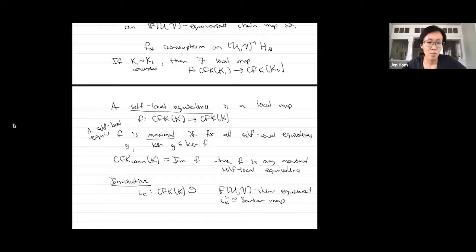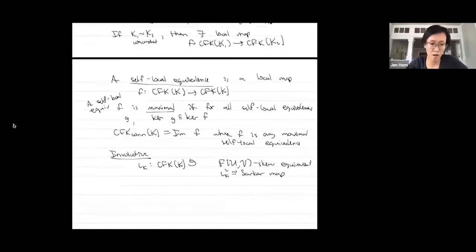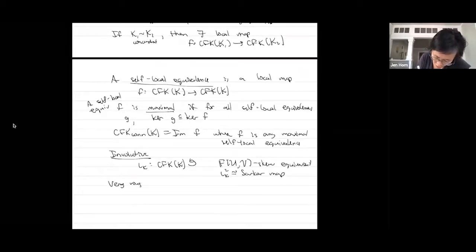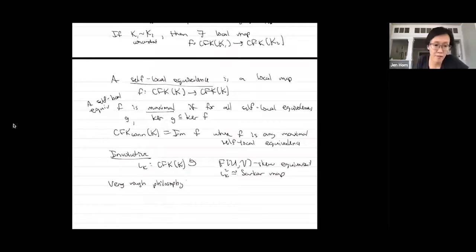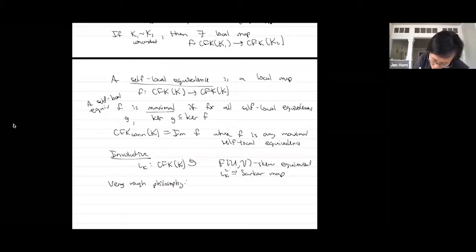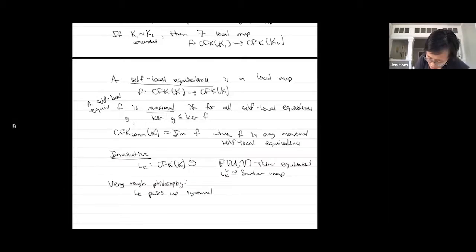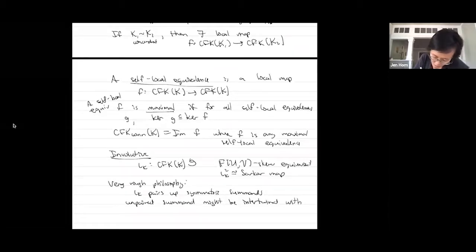Okay. And so what does iota_K do? The very rough philosophy is that iota_K pairs up symmetric summands, and then an unpaired summand might be intertwined with CFK connected by iota_K.